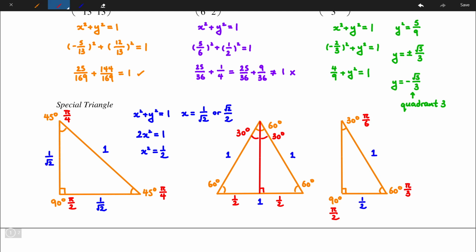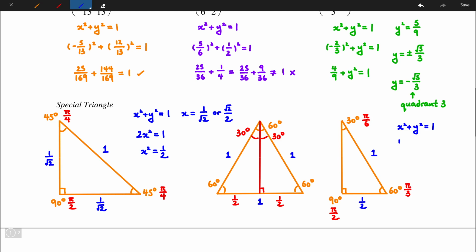So from there, we can use the Pythagorean theorem to find the missing side. We write it as x squared plus y squared equals 1. We can use a and b, but since we're talking about the unit circle, it's a bit nicer to use x and y instead.